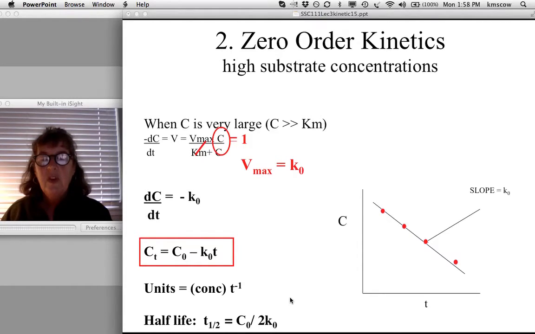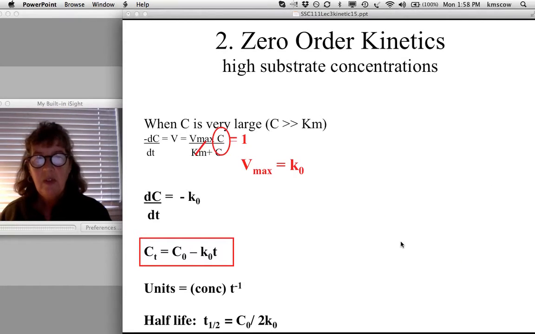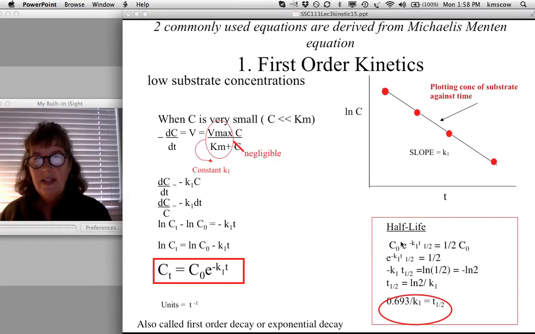Okay, so there, if you plot the concentration, not the log of the concentration, but just the straight out concentration over time, you get a straight line, and that slope is K0. So that's in contrast, right, to first order, where it's the natural log over time that gives you a straight line, which you get the first order rate constant from.